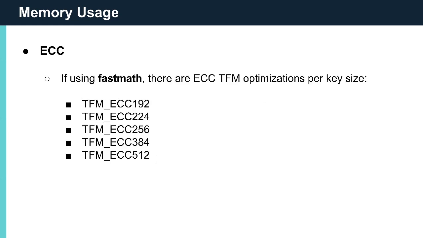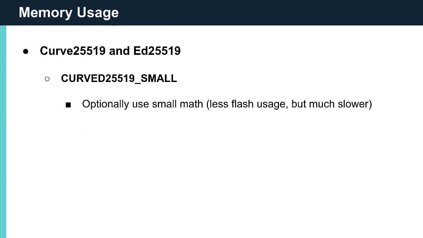If using fast math for ECC, there are a couple of ECC-specific optimizations per key size, so you would just define the TFM_ECC option specific to the key size you're looking for. For Curve25519 and Ed25519, you've got CURVE25519_SMALL, which optionally uses a small math implementation, uses less flash, but is also slower.